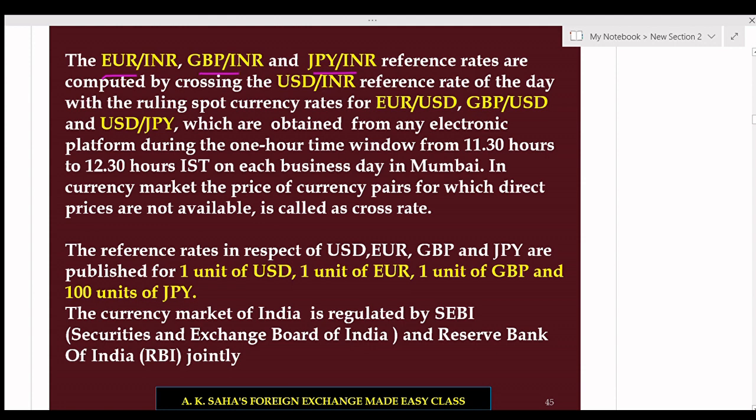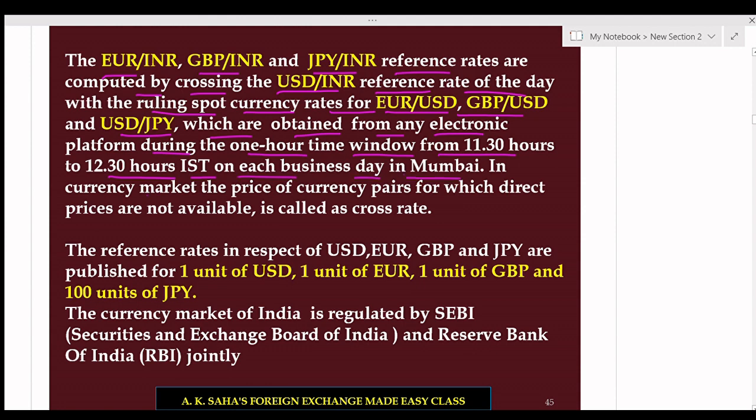Here it is written, the reference rates are computed by crossing the USD/INR reference rate of the day with the ruling spot currency rates for EUR/USD, GBP/USD and USD/JPY, which are obtained from any electronic platform during the 1 hour time window from 11:30 to 12:30 IST on each business day in Mumbai.